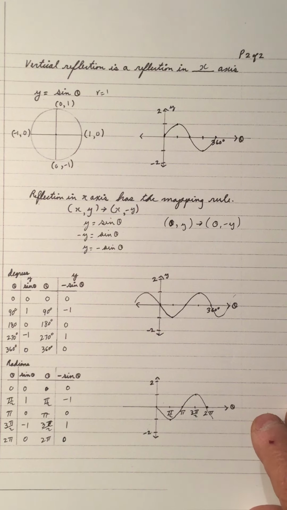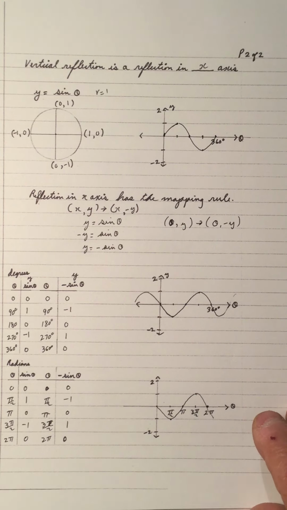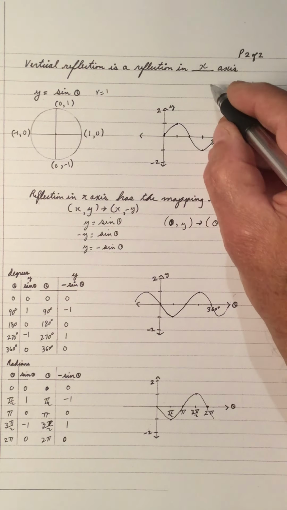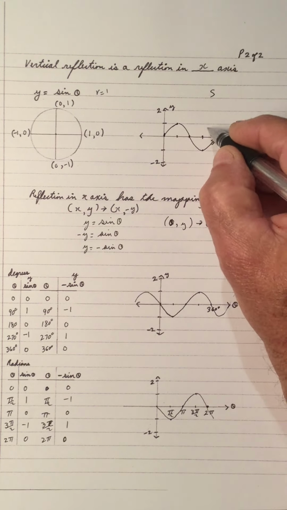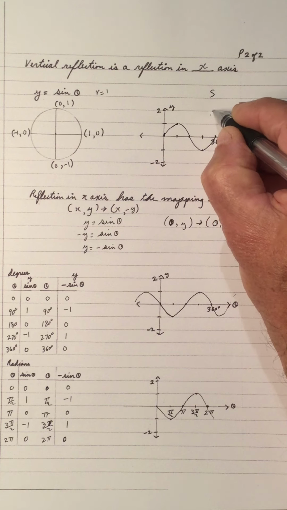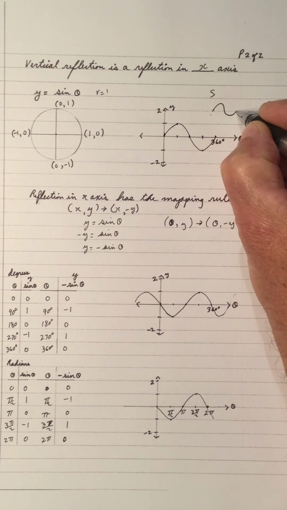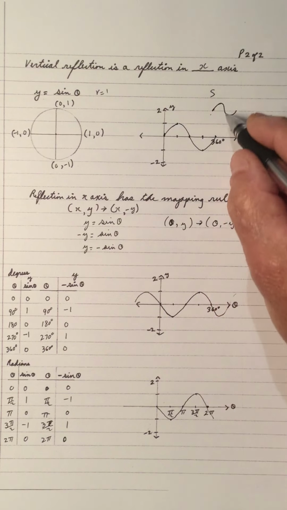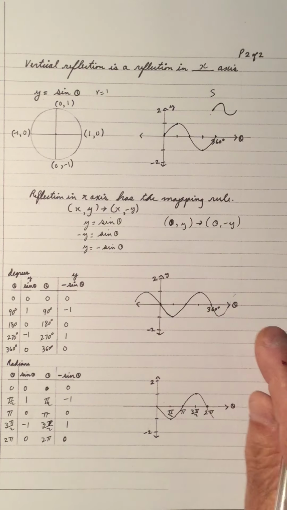So that's the reflection. Again, sine is S, so the graph is a sideways S, like this. And that's going up from here, positive. And if it's negative, it's going down.